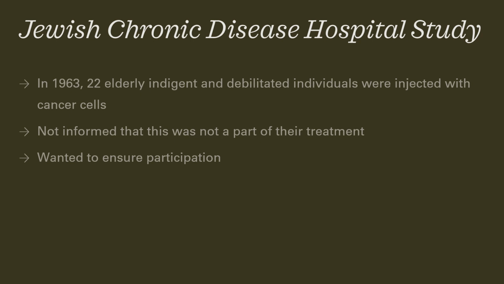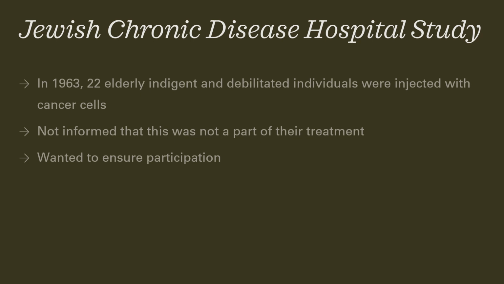The issue with this study was that of informed consent. In order to ensure that patients participated, patients were not told that they were being given live cancer cells. They were only told that it was part of their treatment.